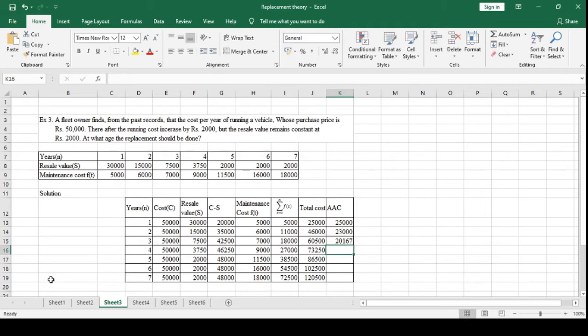For the fourth year, 73,250 divided by 4 is 18,313. For the fifth year, 86,500 divided by 5 is 17,300. For the sixth year, 1,02,500 divided by 6 is 17,083. And for the last year, 1,20,500 divided by 7 is 17,214.